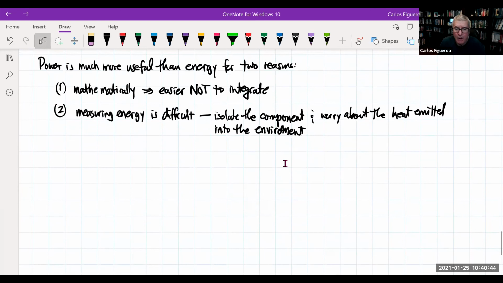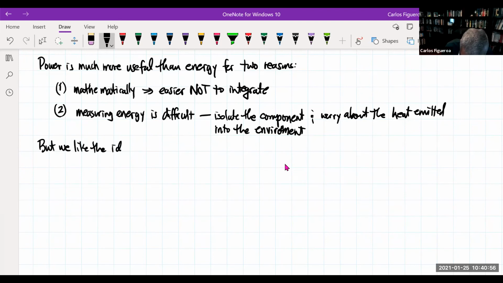But conservation of energy and power are really proportional to each other. We like the idea of energy. Why? Because of conservation of energy. Why do we like the idea of conservation of energy?